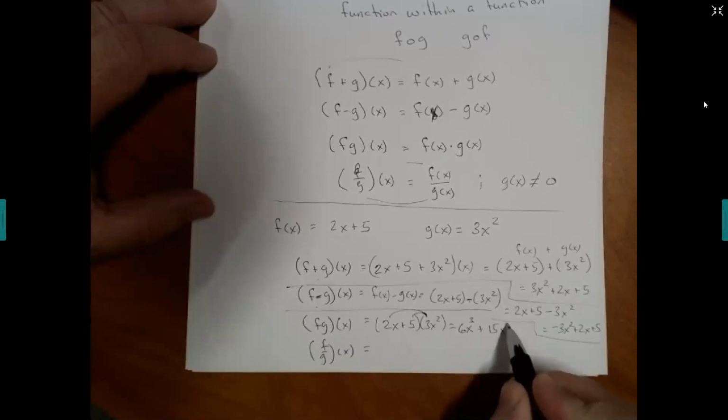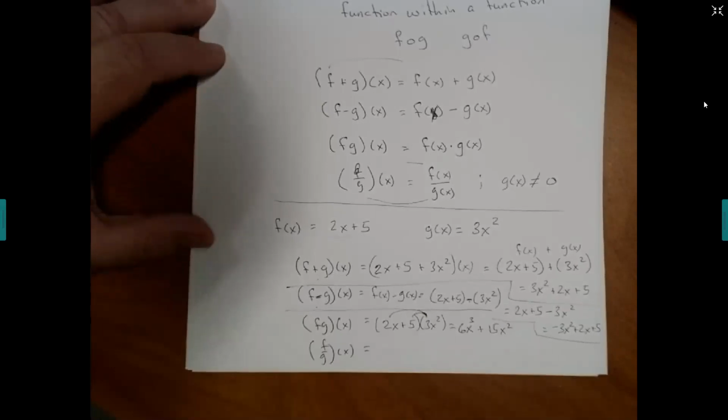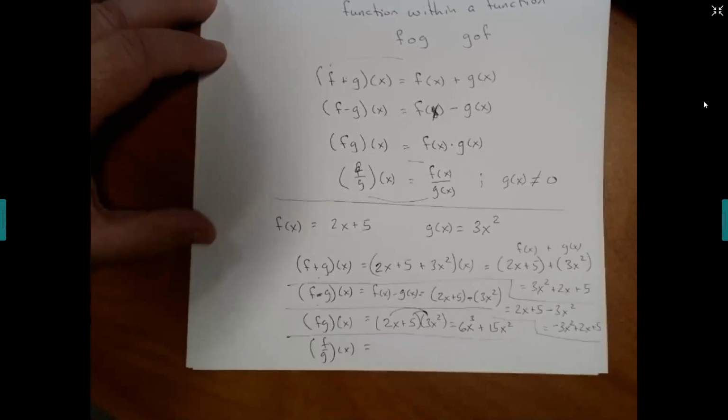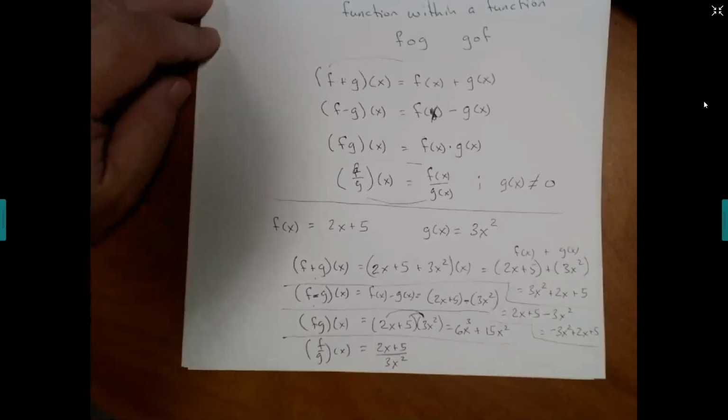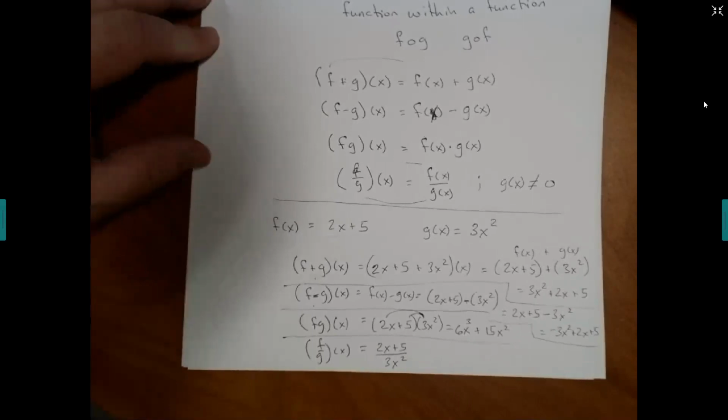X squared. And the last one is 2x plus 5 over 3x squared. Okay, so that's how you set them up.